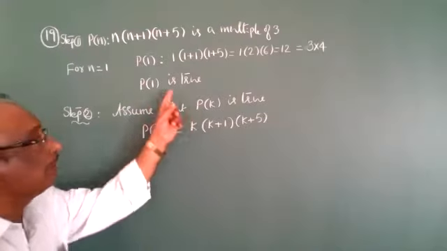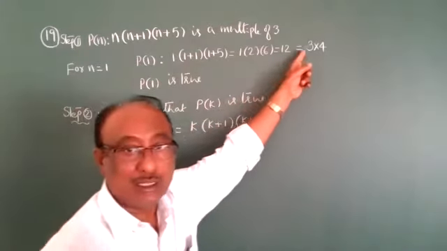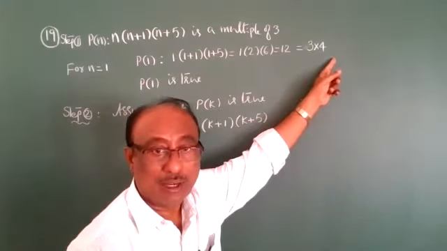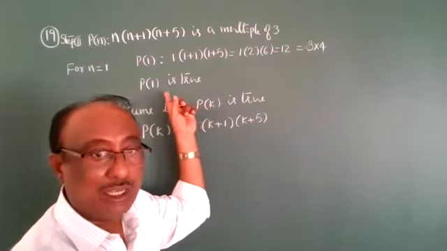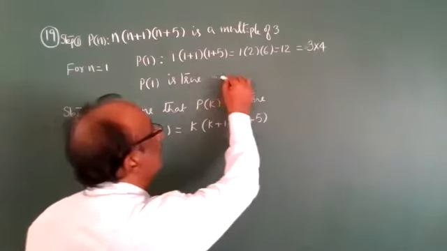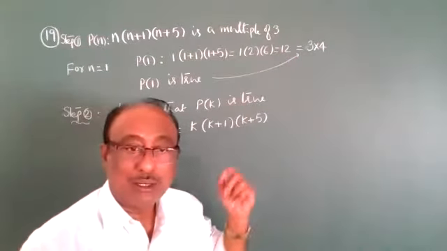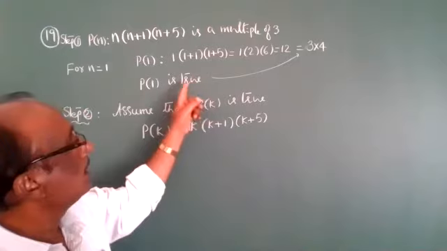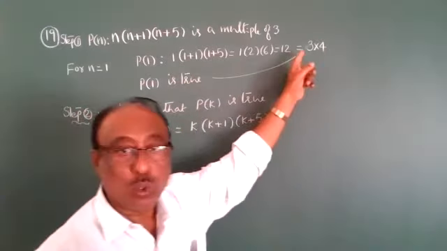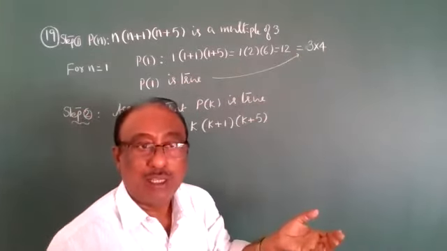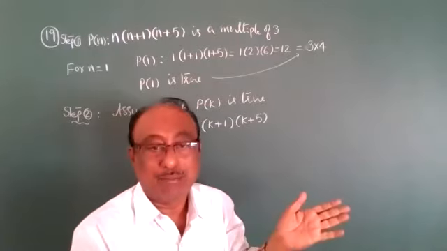If P of 1 is true, it means it is a multiple of 3 into some number. P of 1 true means it is a multiple of 3 with some number.